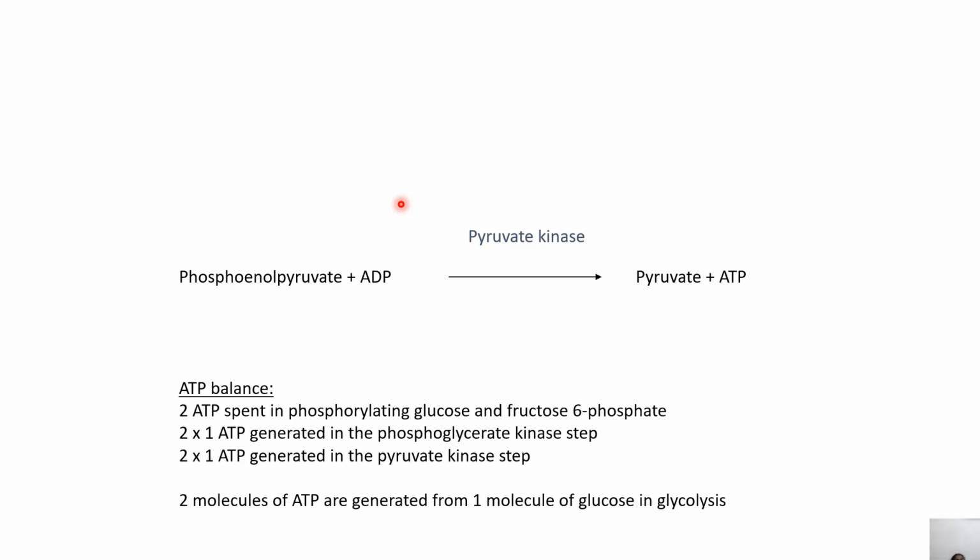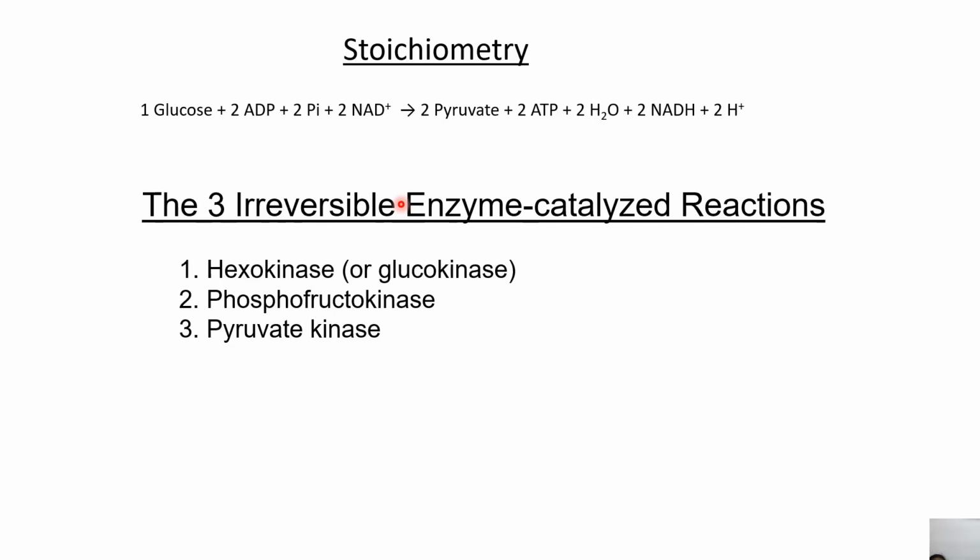So now if we talk about the ATP balance, 2 ATP were spent in phosphorylating glucose and fructose 6 phosphate. Then 2 into 1 ATP generated in the phosphoglycerate kinase step and 2 into 1 ATP generated in the pyruvate kinase step. So 2 molecules of ATP are generated from 1 molecule of glucose in glycolysis.